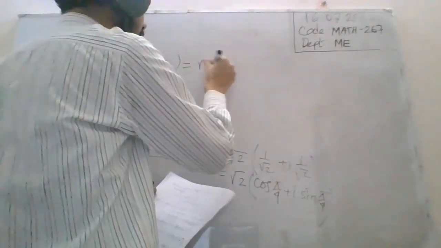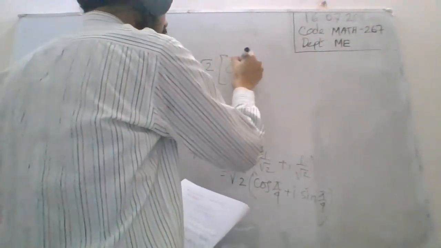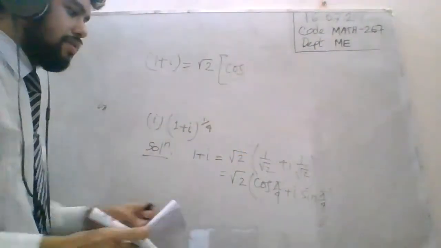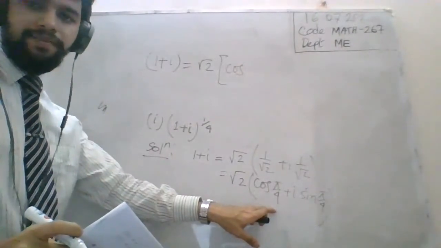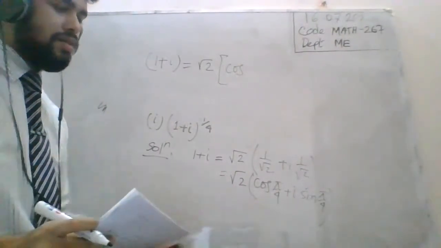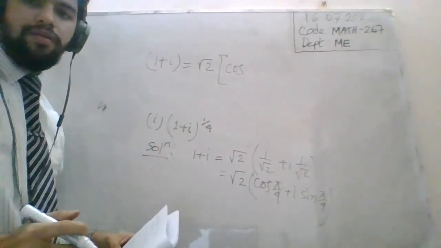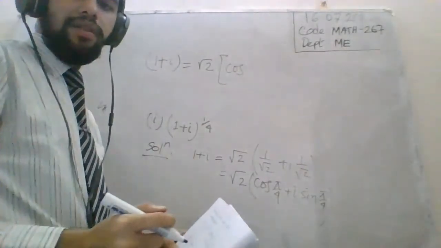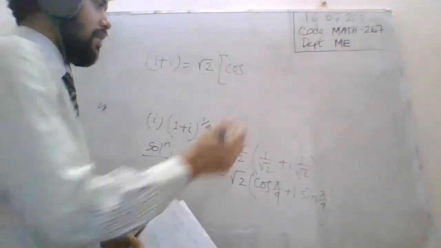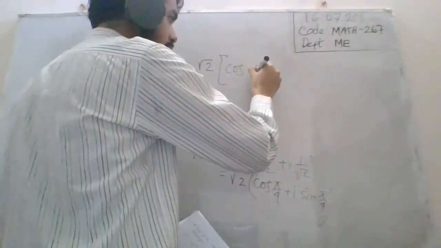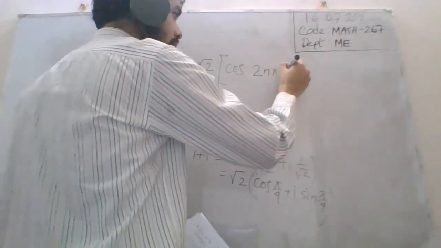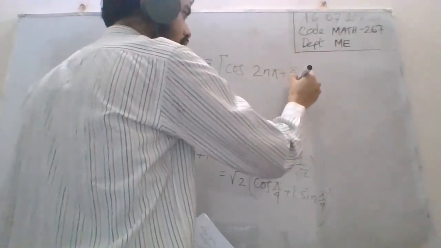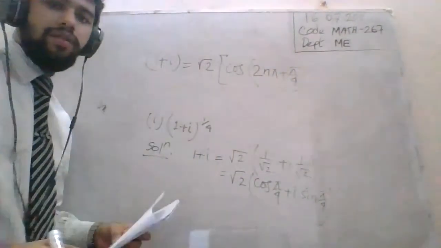we will write it this way, root 2 cos, if I take the general argument, what will it be? Tell me, someone. For the general argument, I was telling you at first, 2n pi plus pi by 4, do you remember? Yes, sir.